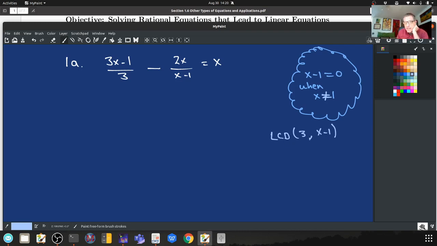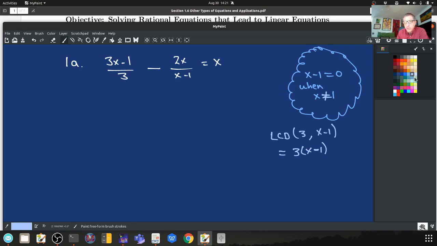The LCD of two prime numbers, like 5 and 3, is always their product. So 3 is a prime number. It's an integer that is prime. And x minus 1 is a prime linear polynomial. So the LCD is simply 3 times x minus 1.